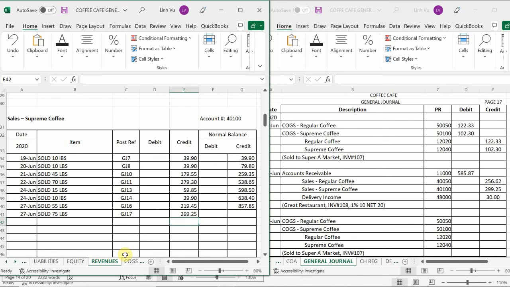So here, I got 1156.60. I got 1157.10 because it was 857.85.